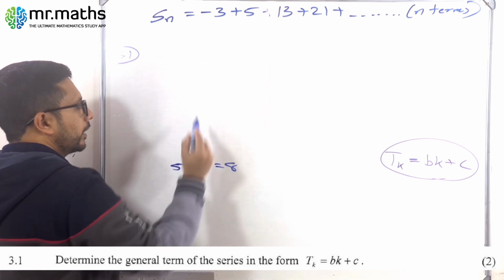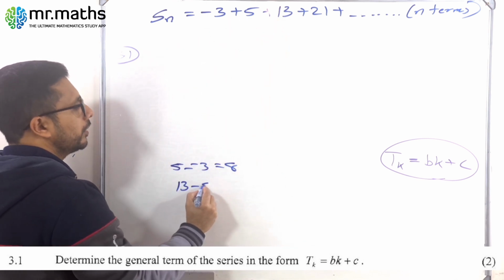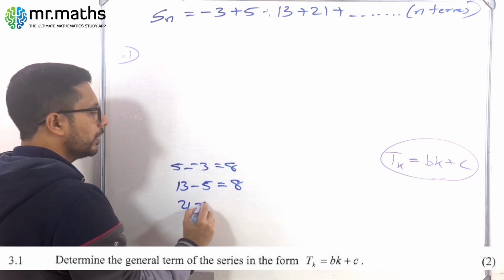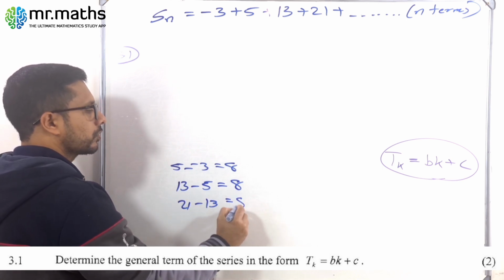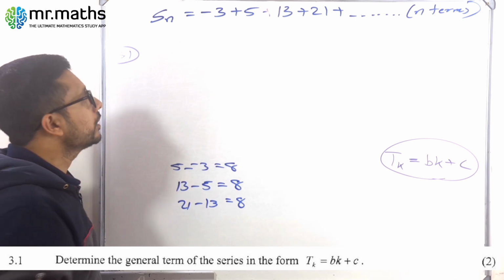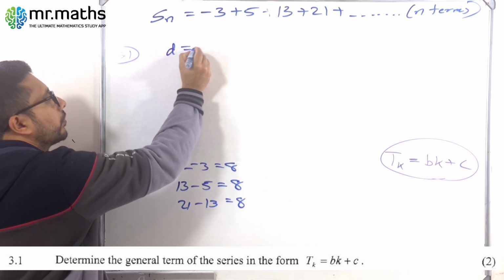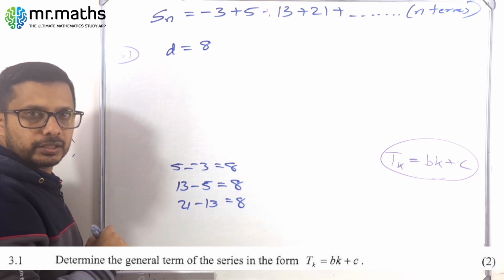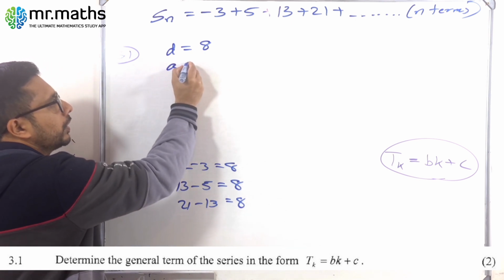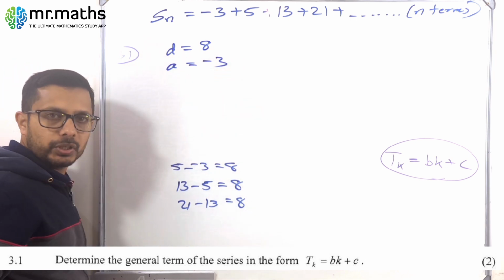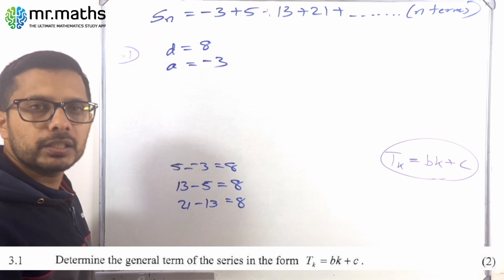Third term minus second term, 13 minus 5, that is also 8. 21 minus 13 is also 8. That means this is an arithmetic sequence with a common difference 8. Am I right? And the first term a is minus 3.